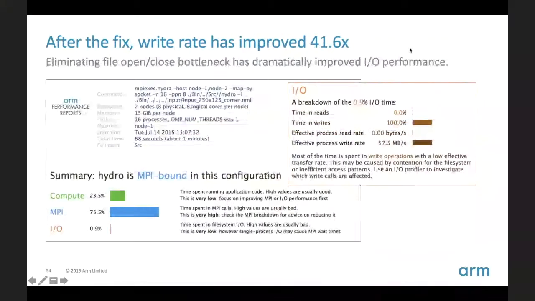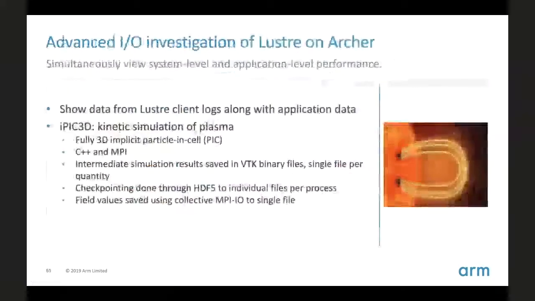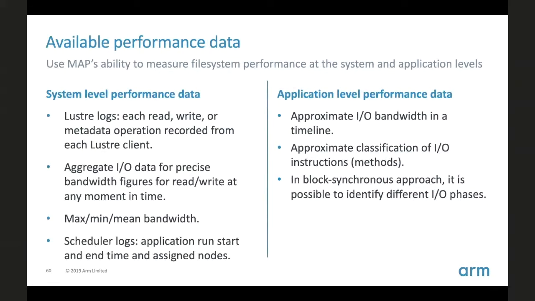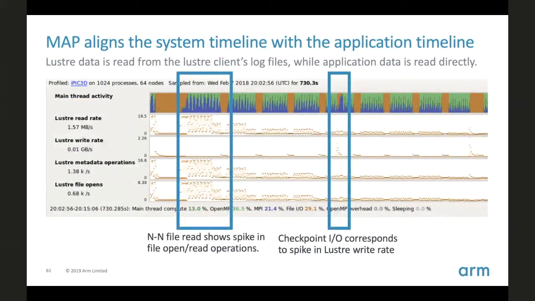You can also use MAP custom metrics to do detailed investigations of I/O. Here's an example from iPic3D where we had this large scale implicit particle in cell code with C++ and MPI, and we used a custom metric to instrument not only the application code but also the Lustre file server.